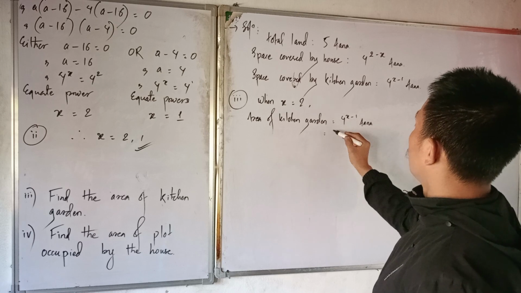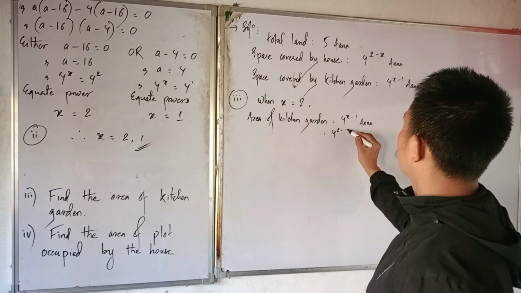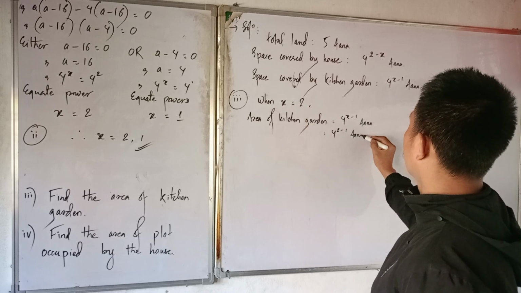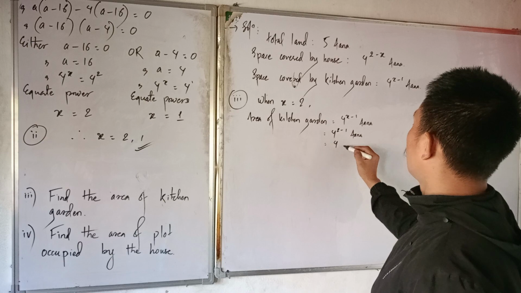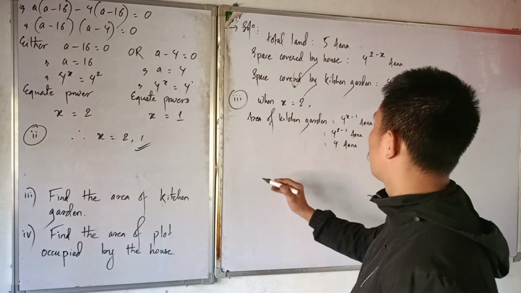So substitute the value of x by 2 minus 1. So this is 4.